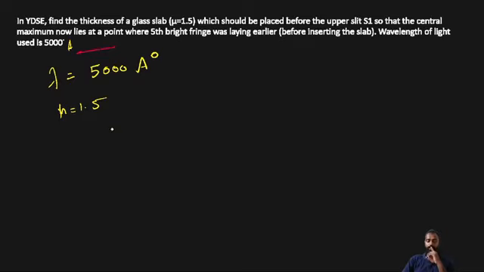The position of the fifth bright fringe is y equal to n lambda D by d.